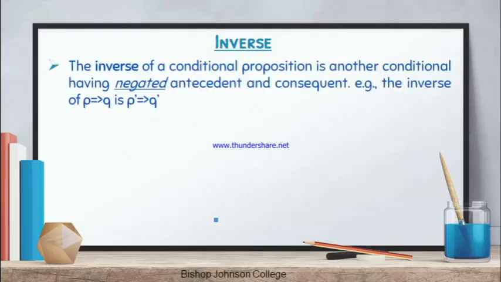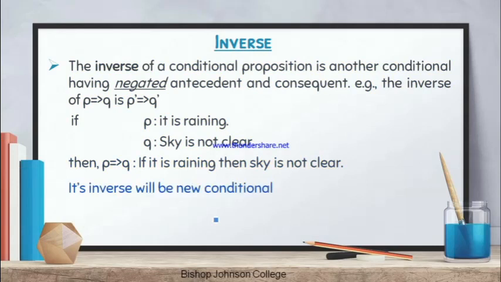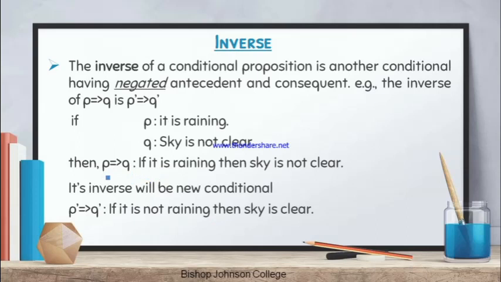Then inverse. The inverse of a conditional proposition is another conditional having negated antecedent and consequent. For example, just put negation in both antecedent and consequent. So P implies Q: if it is raining, then the sky is not clear. Put a not sign in both statements.